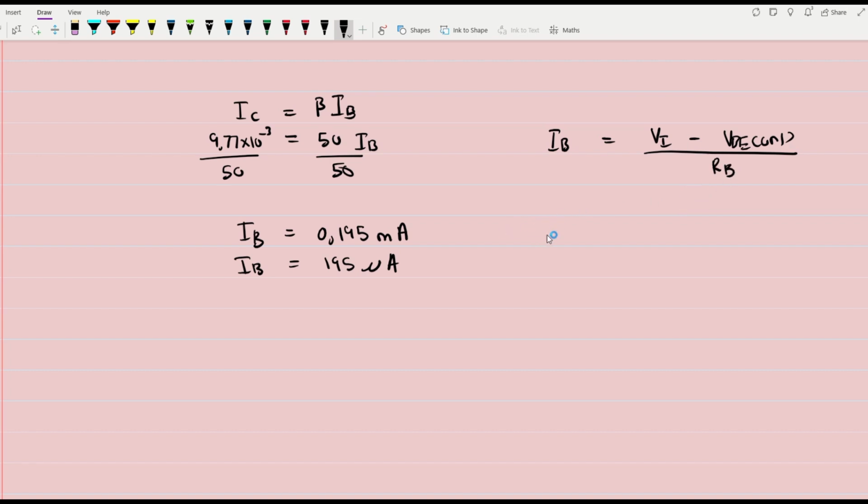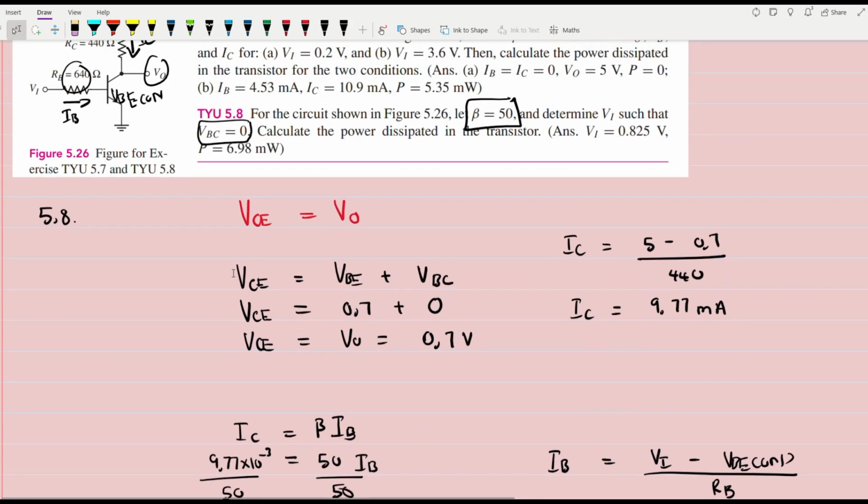So 0.195 multiplied by 10 to the power of -3 is equal to VI, which is what we are looking for, minus VBE, which is 0.7, divided by RB, which is 640.